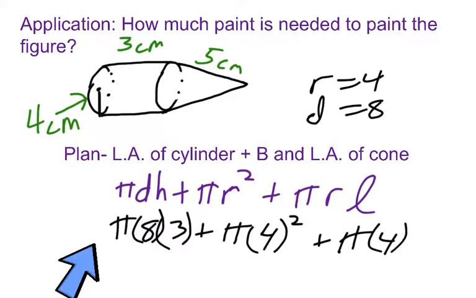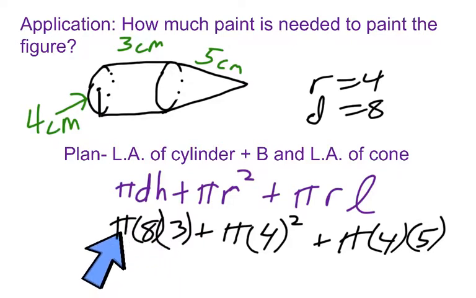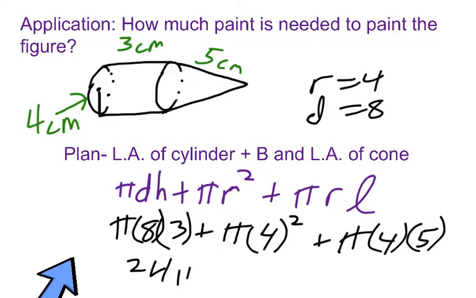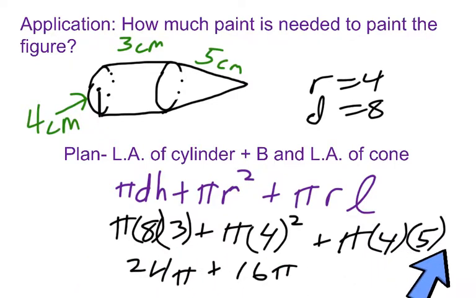Then our slant height of the cone is going to be this 5 right here. Now I'm going to simplify that. So think 8 times 3 is 24, that's 24 pi. And then 4 squared is 16, and that's 16 pi. Notice I'm doing all the multiplication first before I add. I'm doing order of operations. 4 times 5 is 20, that's 20 pi.